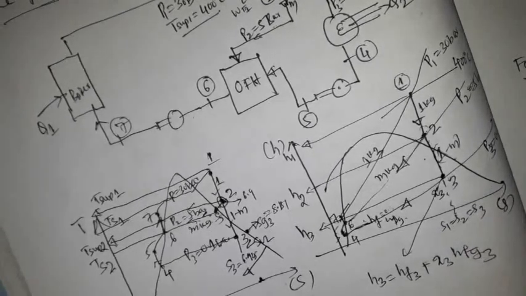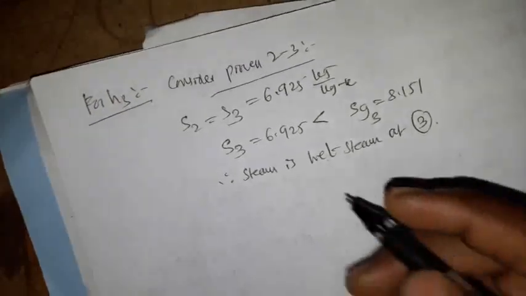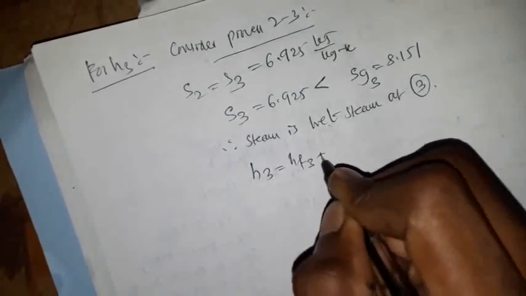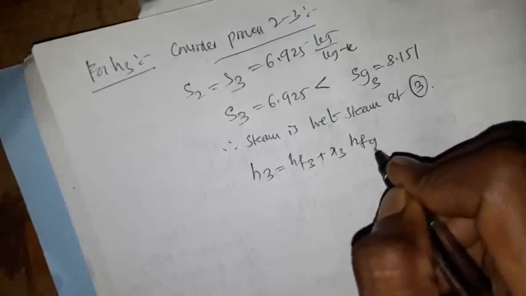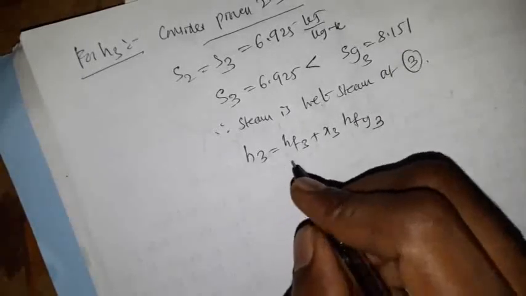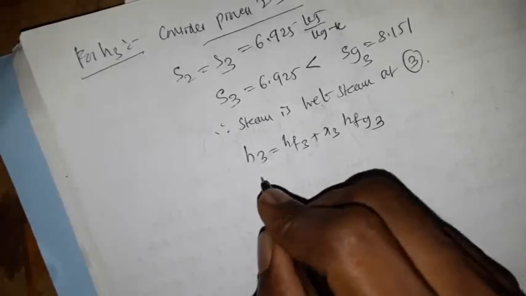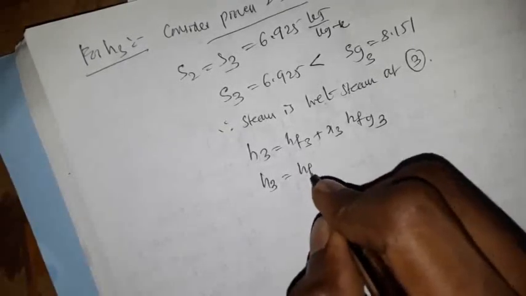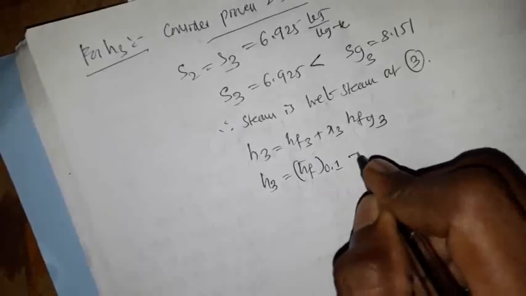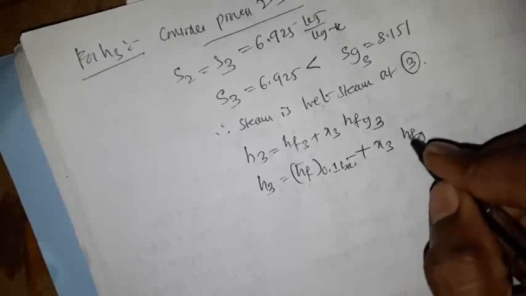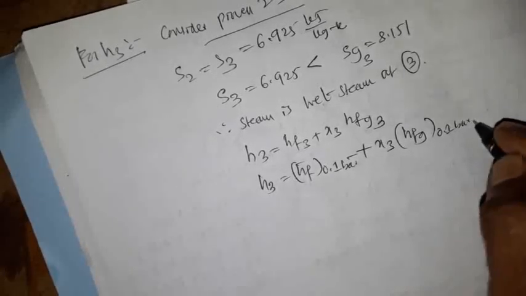So we can write here, H3 is equal to HF3 plus X3 into HFG3, or the enthalpy at state 3 is equal to HF at 0.1 bar plus X3 into HFG at 0.1 bar.